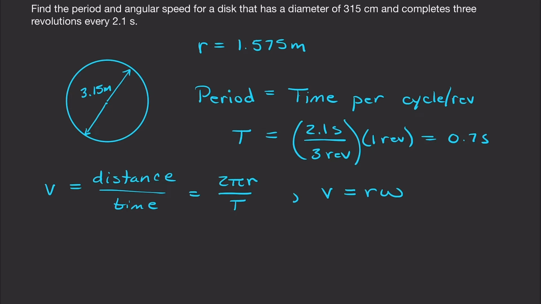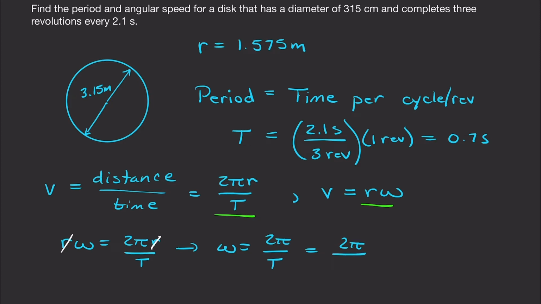So if this is velocity and this is velocity, we can set them equal to each other, and we get r omega equals 2 pi r over T. We have an r on both sides that's going to cancel, and we find that omega is just 2 pi over the period. And so if we plug that in, 2 pi over 0.7 seconds, we will get 9 radians per second.